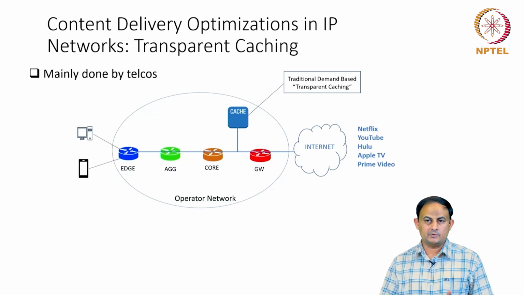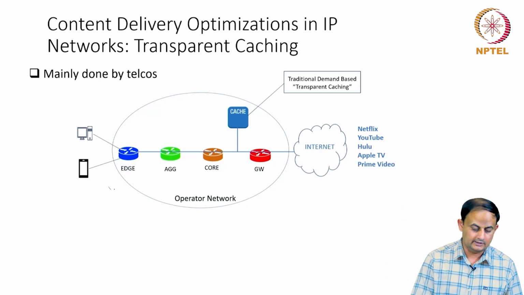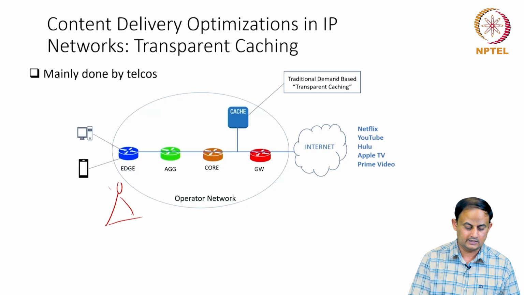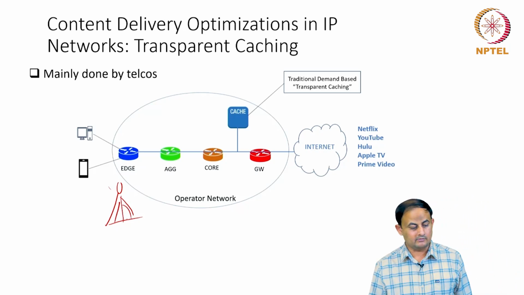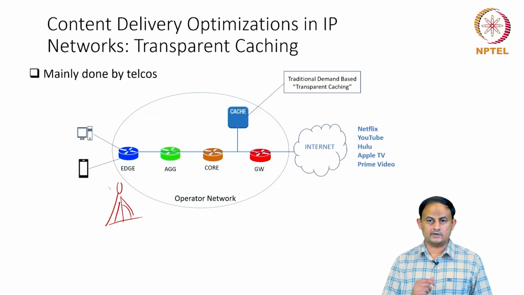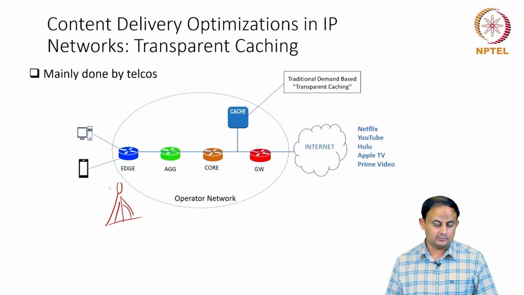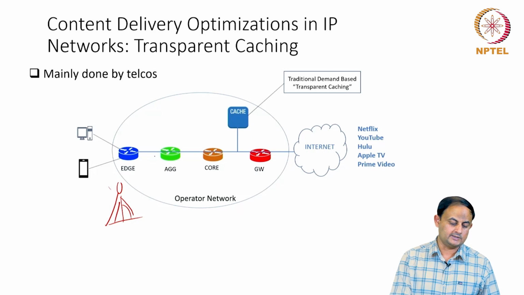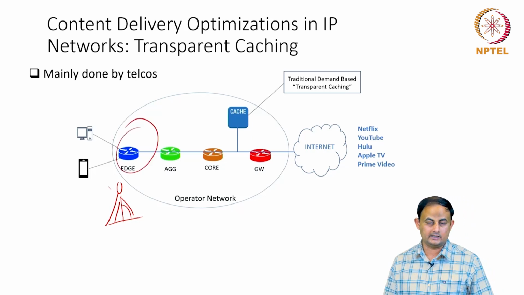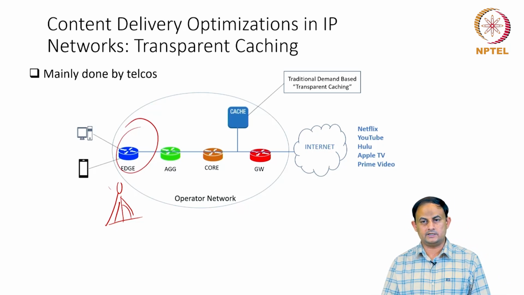So, particularly if they are operating the mobile towers and the last mile connectivity, the end users might be connected to a mobile tower. So, somewhere closer to the end user, that is where the end users are located. If they get to learn that certain content is becoming popular, they might push the content closer to the base station somewhere here in the network by keeping some kind of storage in the vicinity of the base station.